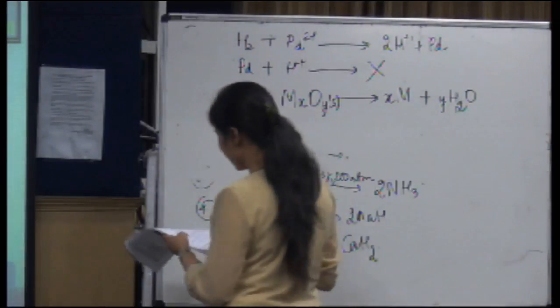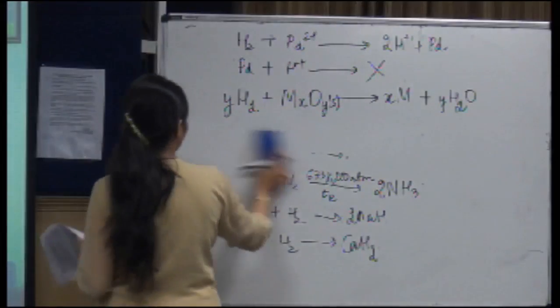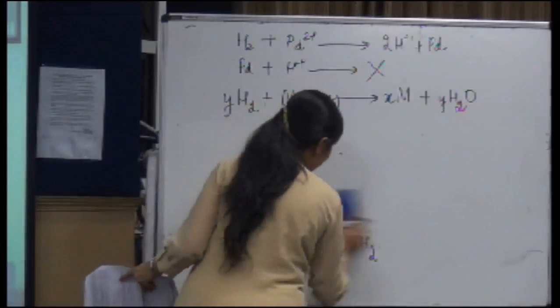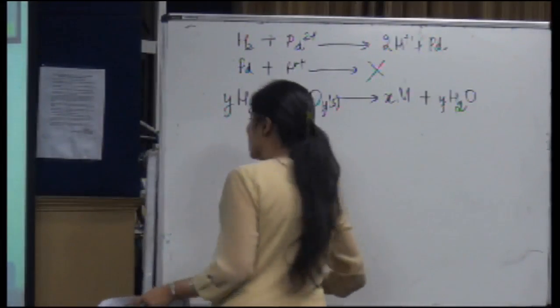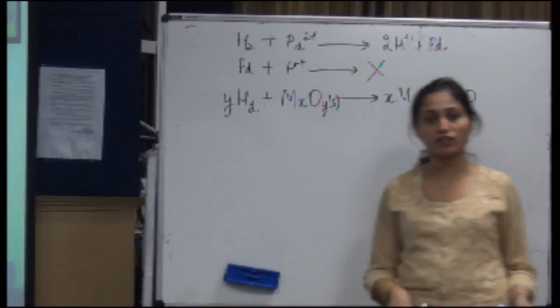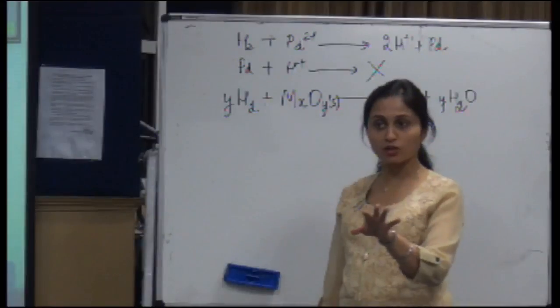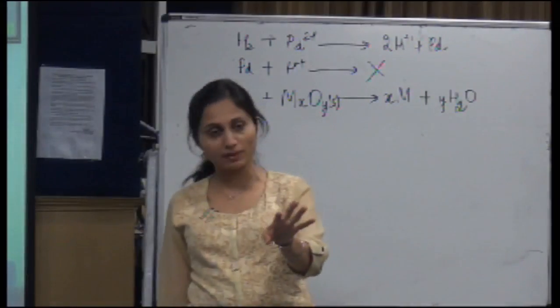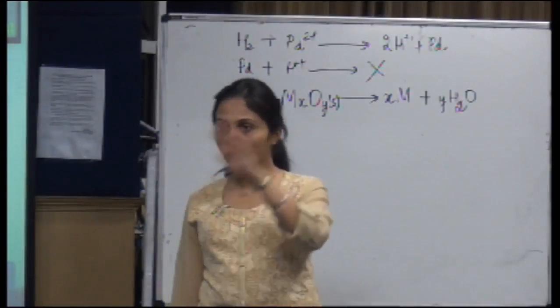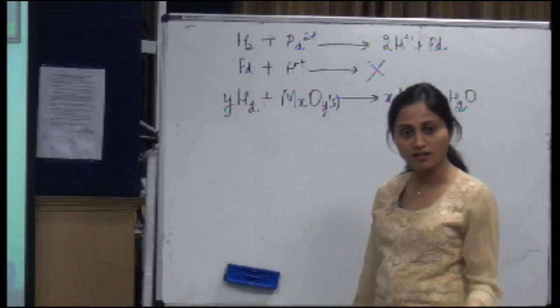Then another important reaction, this is something that you must have done in organics, so I don't need to repeat it. How do you convert the unsaturated hydrocarbons to saturated hydrocarbons? पहले unsaturated वाले कौन से होते हैं? The ones which have a double or a triple bond. The ones which have only single bonds are saturated.